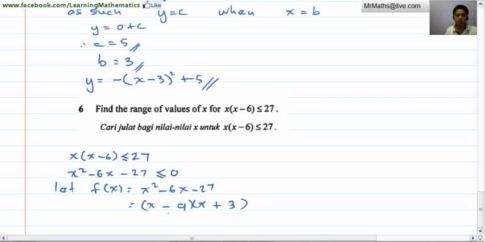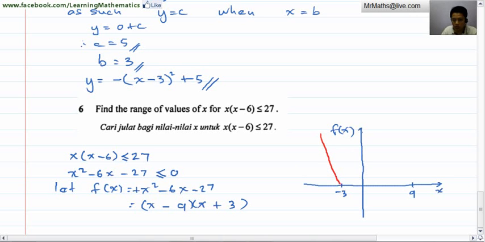So this is correct. So if I just sketch a graph of f(x) versus x, then it intercepts at points -3 and 9, because those are the roots of the equation. And because the coefficient of x squared is positive, it's a smiley face graph. So it will be like this.